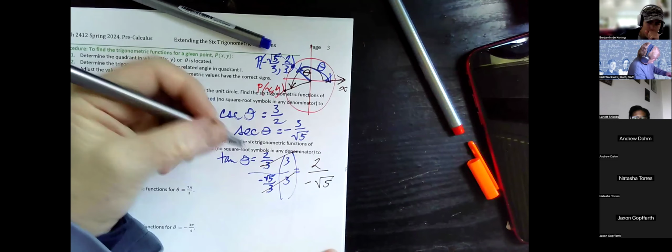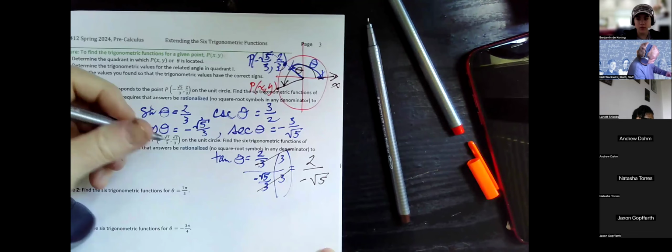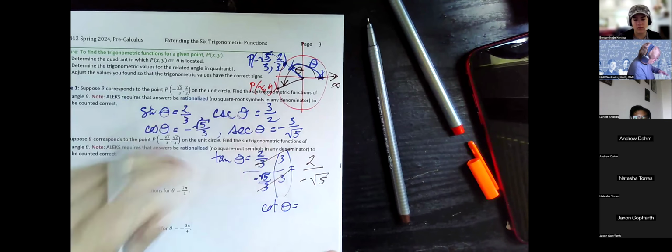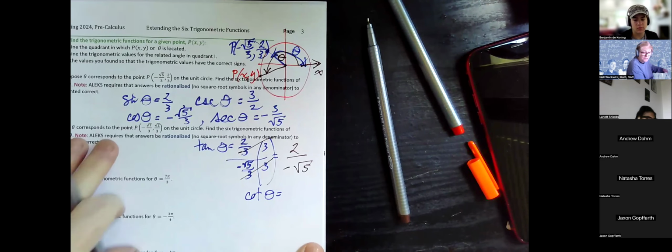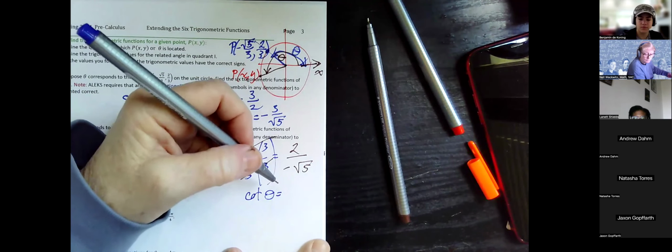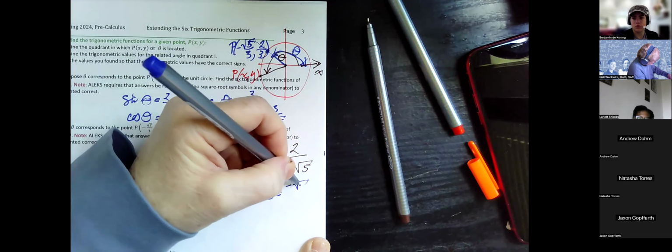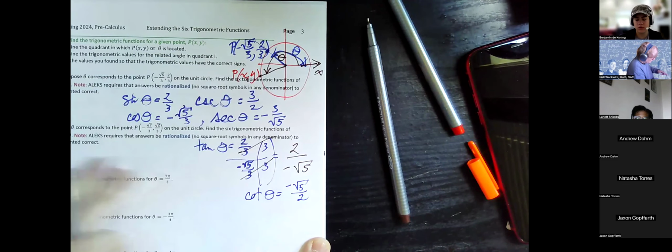So what is tangent's friend? Cotangent. And so the cotangent of theta is going to be negative square root of 5 over 2. Beautiful.